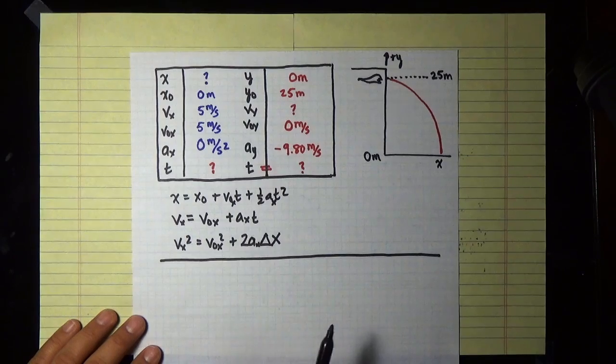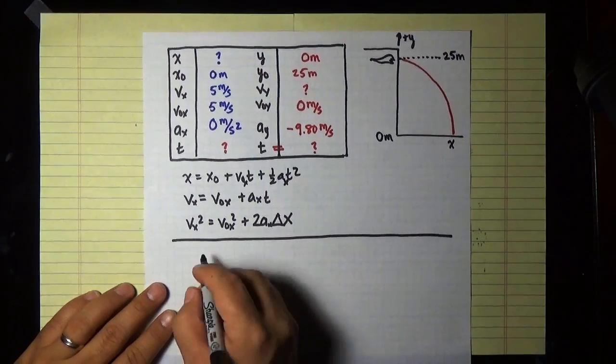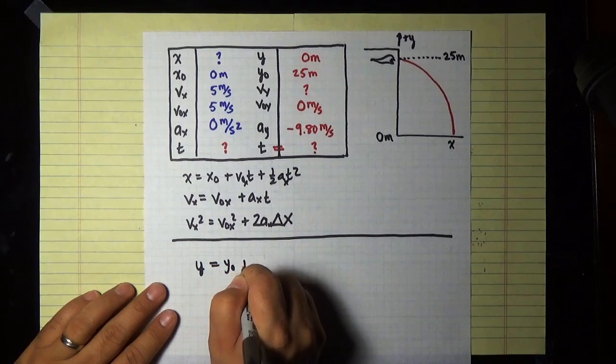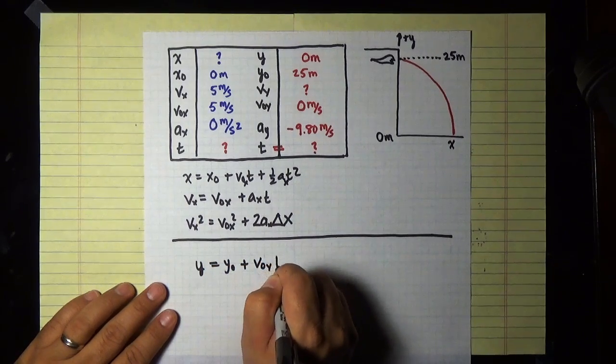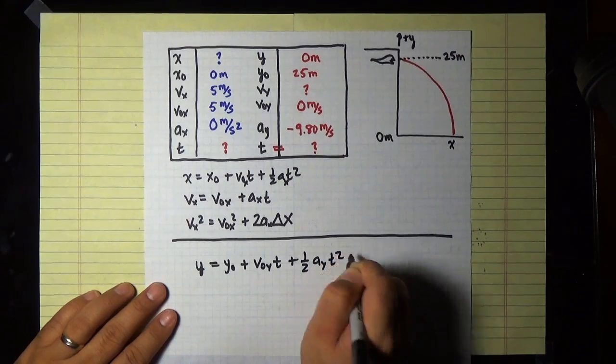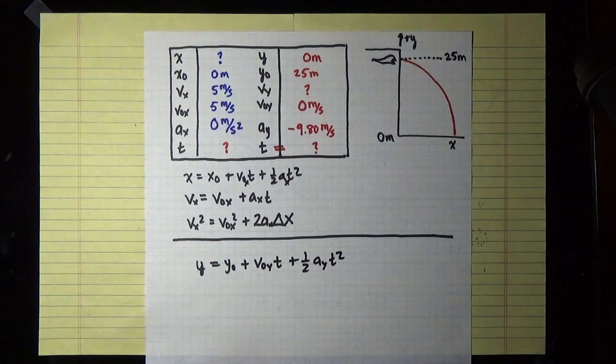So in fact, we do have to use the first one. If I write that out for y, it looks like y is equal to y naught plus v naught y t plus a half a_y t squared. Fortunately for us, we have a few things here that are going to go to 0.